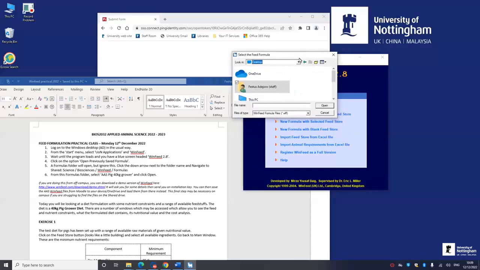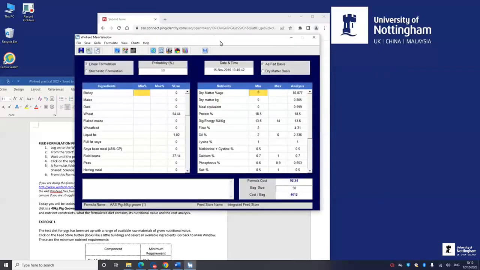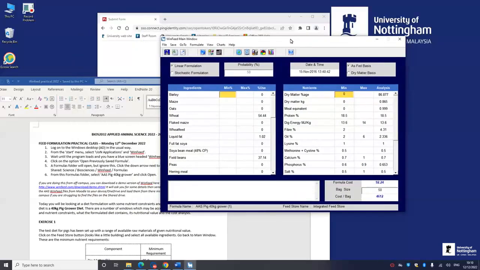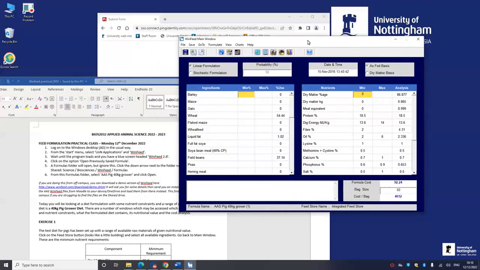For this class, I'm just going to open, you already have some of the WinFeed files. So for example, I'm going to open the 40 kg grower formula, and I have something like this.